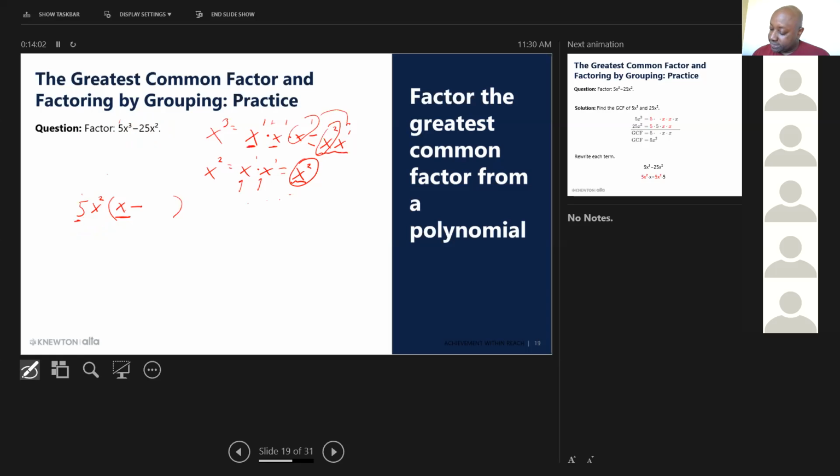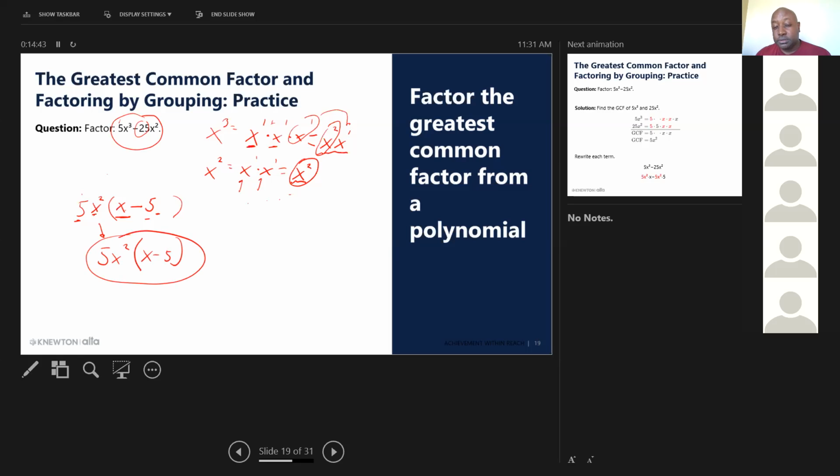Now I ask, 5 times what would give me 25? That's just 5. And now x squared times what will give me x squared? Well, that's just 1, which I really don't have to write because 1 is understood to be there. So my final answer is, when I factor 5x to the third minus 25x squared, it is 5x squared times x minus 5.